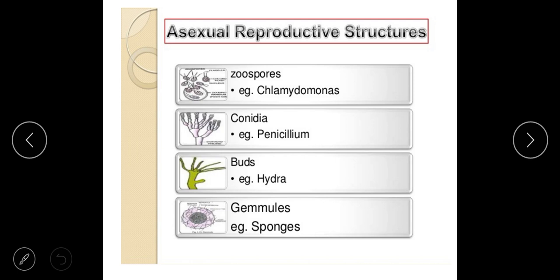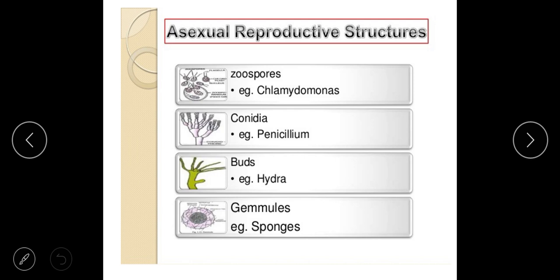Asexual reproductive structures. When we speak about asexual reproduction, there are different methods by which it occurs. A term given in your syllabus is spores. Spores are microscopic reproductive units, found especially in lower groups of organisms like algae and fungi.